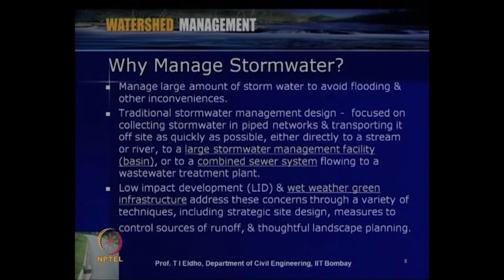It is either directly discharged to a stream or river, with or without treatment, or sent to a large stormwater management facility if treatment is there, or a combined sewer system flowing to a wastewater treatment plant. That is where we have to effectively manage the stormwater, since the quantity may be higher and the quality also we have to deal with.